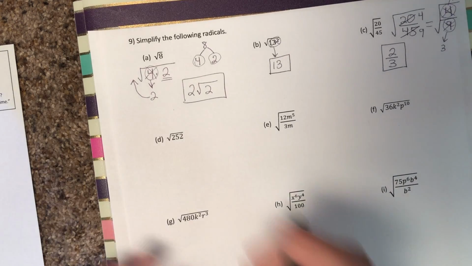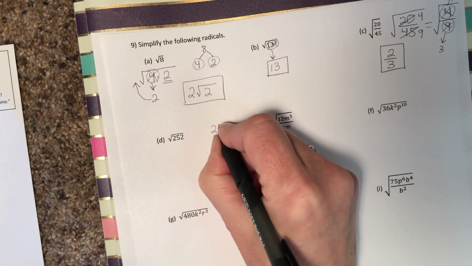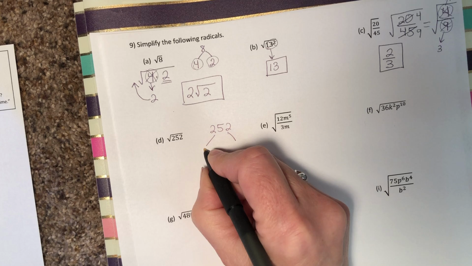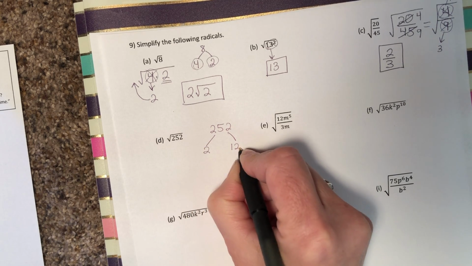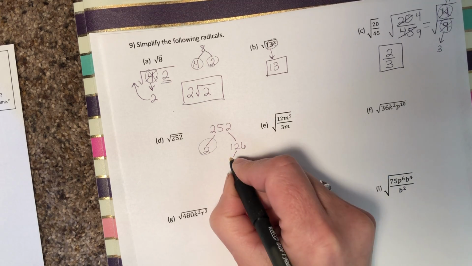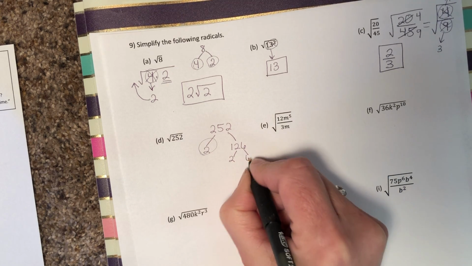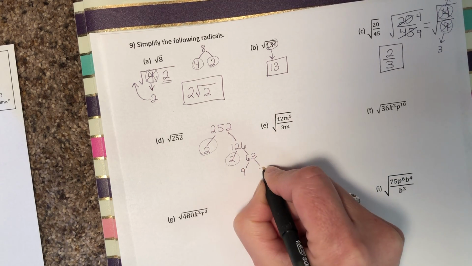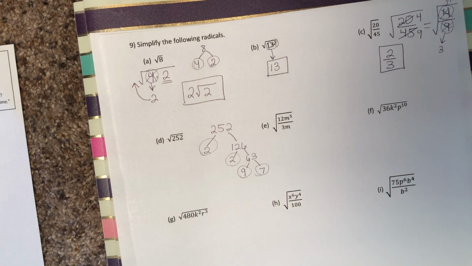On D, 252. Let's break this down. I know I can divide by 2 and get 126. 126, I can divide that by 2 and get 63. That's 9 times 7. 7's prime, 9's a perfect square.